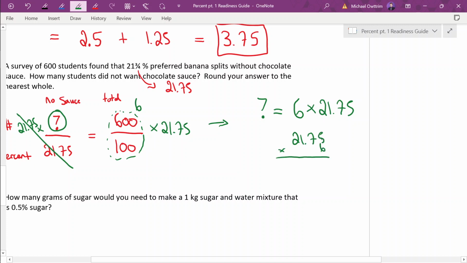6 times 5 is 30, so 0 carry a 3. 6 times 7 would be 42, plus 3 is 45, carry a 4. 6 times 1 is 6, plus 4 is 10, so 0 carry a 1. 6 times 2 is 12, plus 1 is 13.